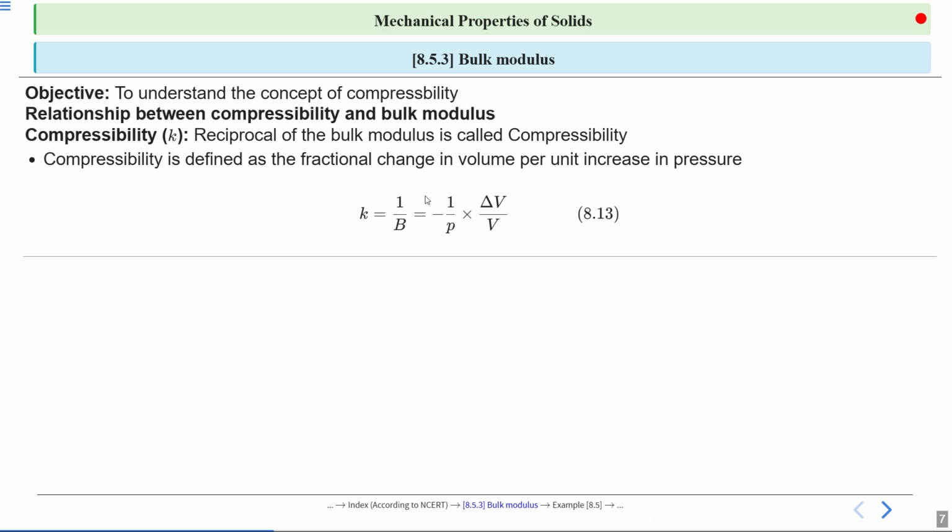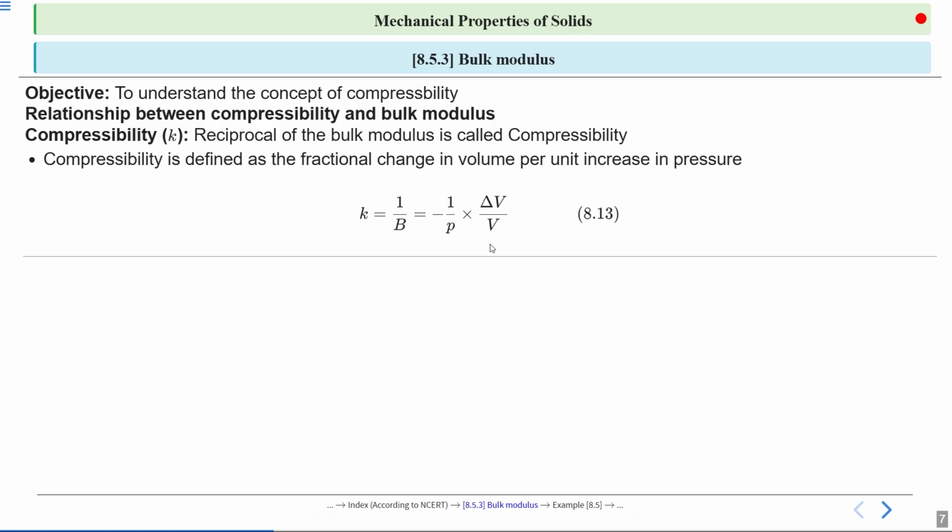So mathematically, compressibility K is equal to 1 by B. In other words, we can say the reciprocal of B. So here, if we look at it mathematically, K is equal to minus 1 divided by P into delta V divided by V. Alright.